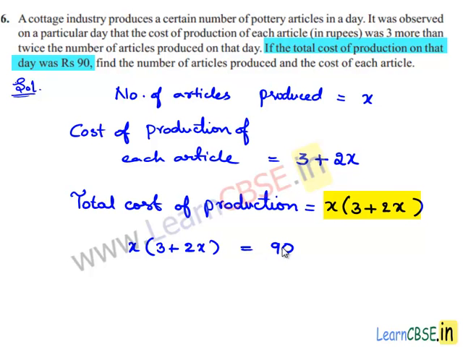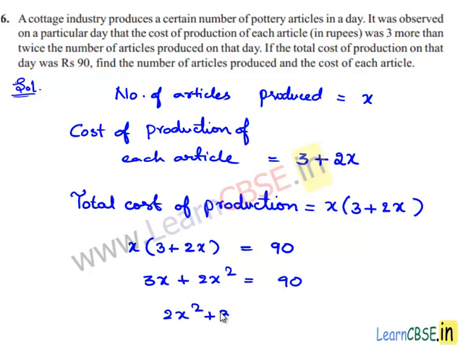So this is equal to 90. So this becomes 3x + 2x² = 90. We can write 2x² + 3x, and 90 can be transposed to LHS, and this becomes −90 = 0.